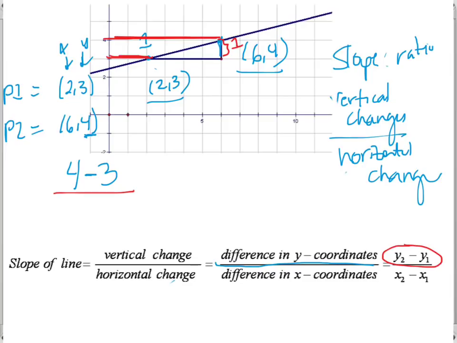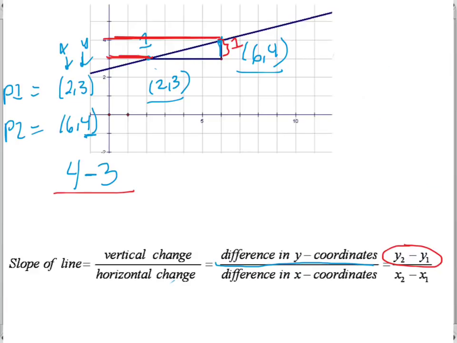This notation comes from how points are described. If you have two different points, the first point would be described as x sub 1, comma, y sub 1, meaning the x coordinate and y coordinate of the first point. The second point is described in general as x sub 2, comma, y sub 2.